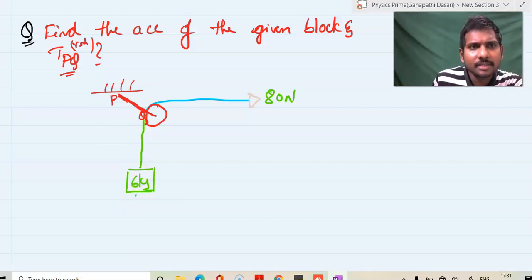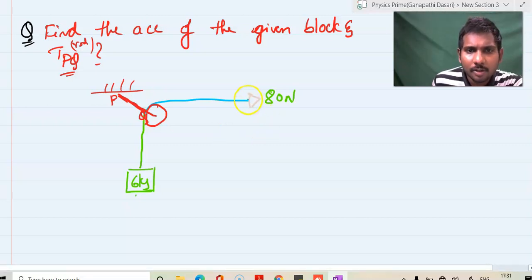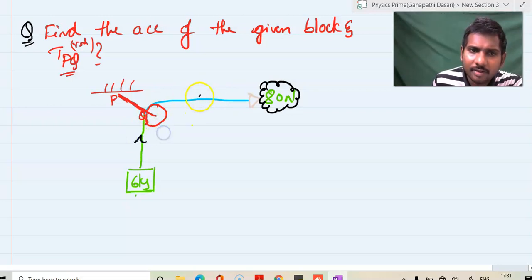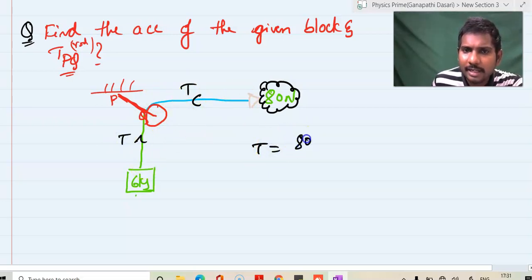If you see this question, let us apply the concept that we know by drawing the free body diagram. So here, if this is pulled with 80 newtons, how much tension will this entire string get? This is one entirely connected string, so T is equal to 80 newtons.